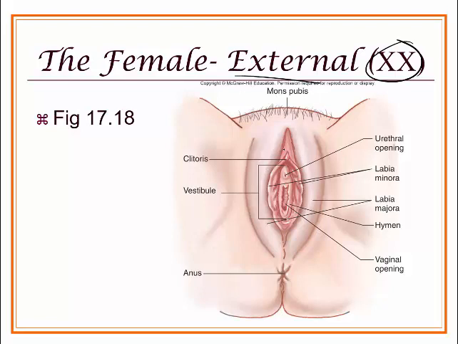And we can see the opening of the vaginal canal or vagina. We also have the labia minora and the labia majora, the mons pubis, which is a fatty deposit over the pubic symphysis, and the clitoris, which is homologous to the penis in the male and is an erectile tissue which will engorge with blood during sexual excitement.